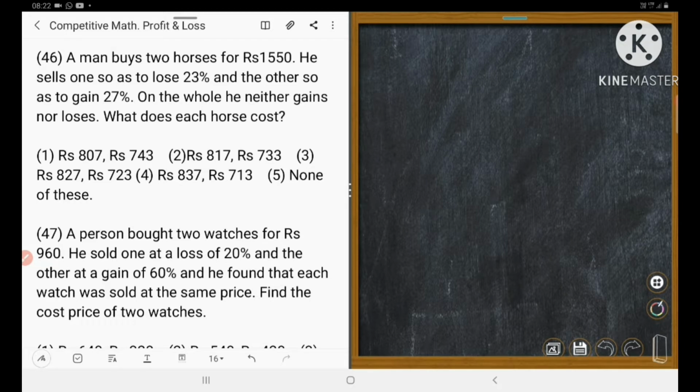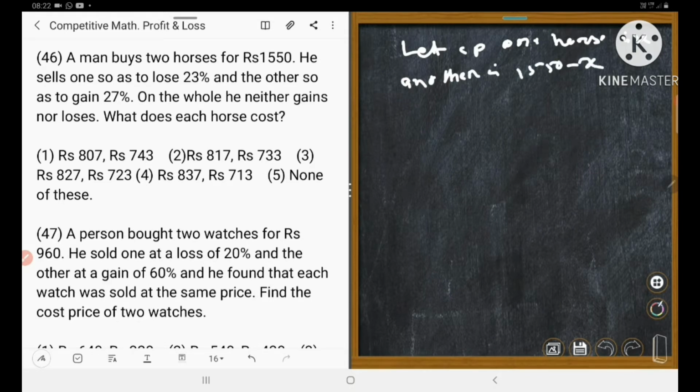Let the CP of one horse be X. Another is 1550 minus X. As per the question, X into 23% is equal to (1550 minus X) into 27%.